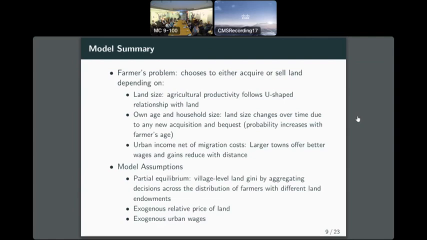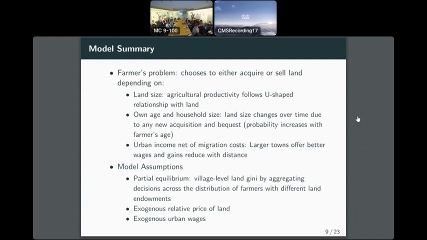So your productivity and profits are going to be high. If you're a large farmer, you will do scale-based agriculture, mechanization. Your profitability is high. If you're a mid-sized farmer, you are in this difficult territory where you have to hire labor, and then you have to monitor them, so your profitability goes down.